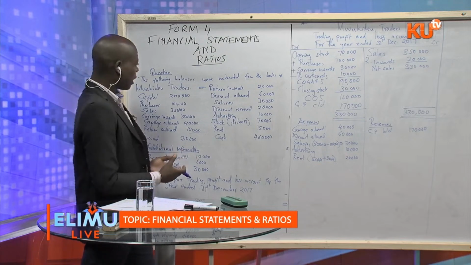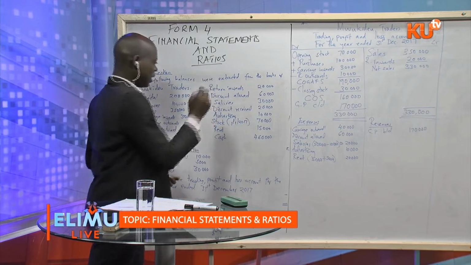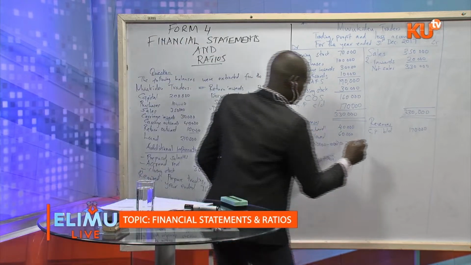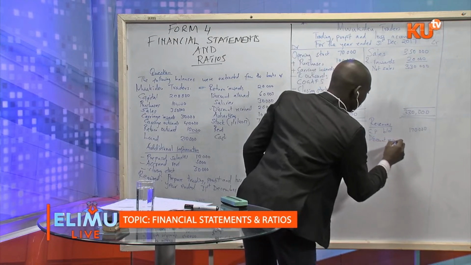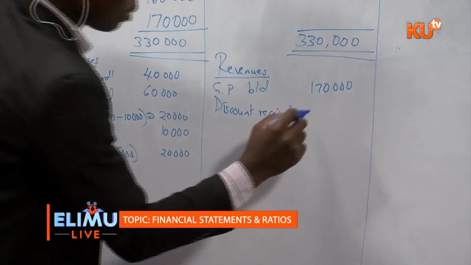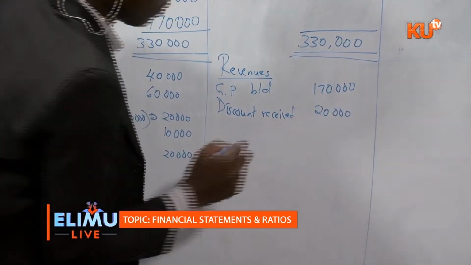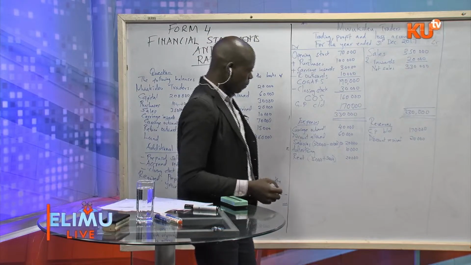And then now we need to look at the incomes. And from the entries, we only have one, discount received. So we'll record it here, discount received, which will be 20,000. And so we need to add and see which side is higher than the other.